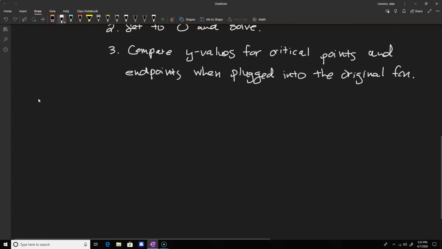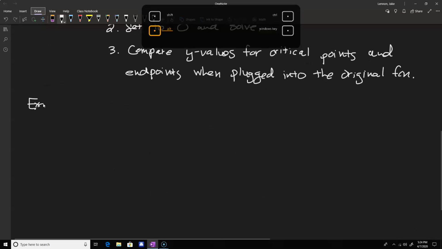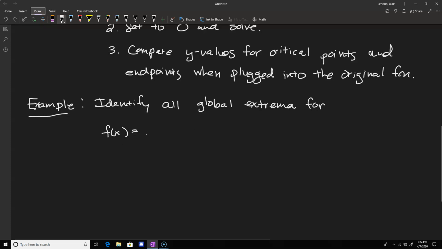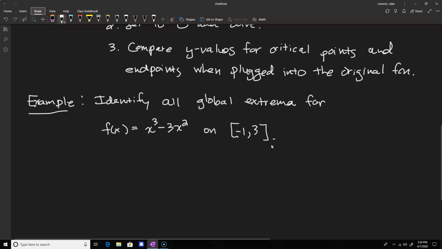So let's start with a couple polynomial examples. They're typically the easiest. They have the most regular behaving derivatives. Identify all global extrema for, let's say, f of x equals x cubed minus 3x squared, and our interval is [-1, 3].